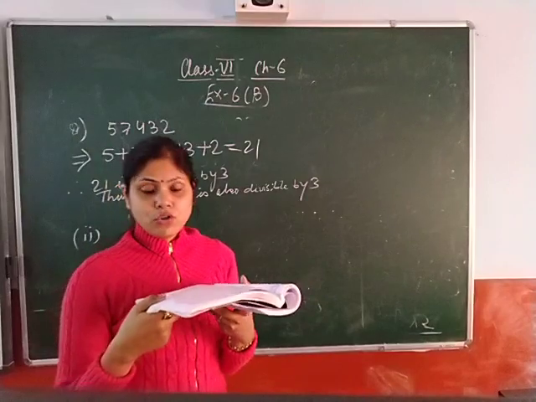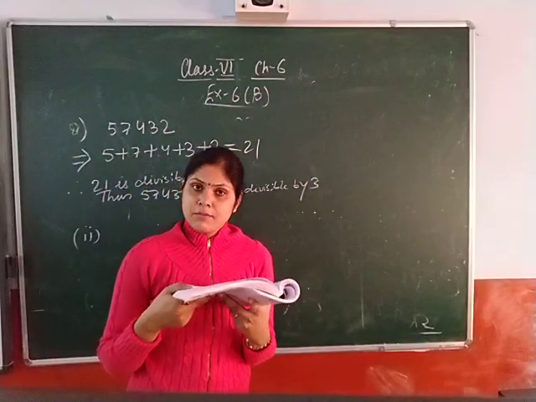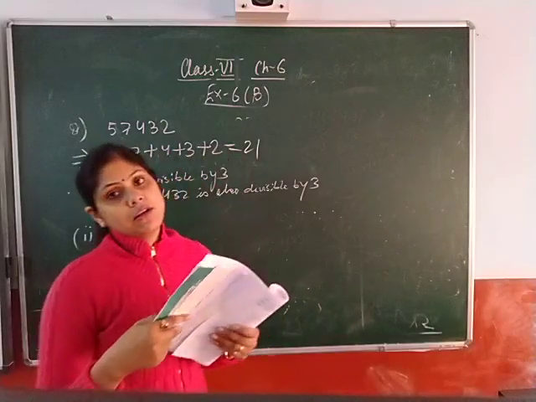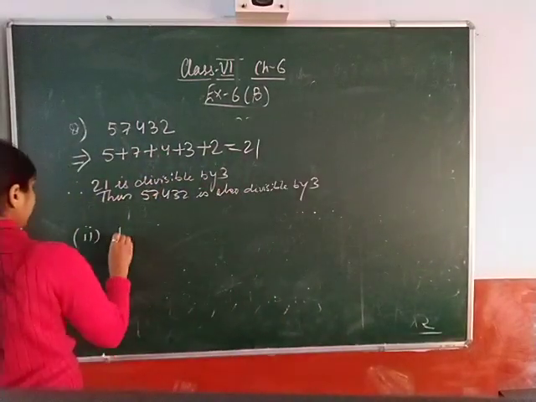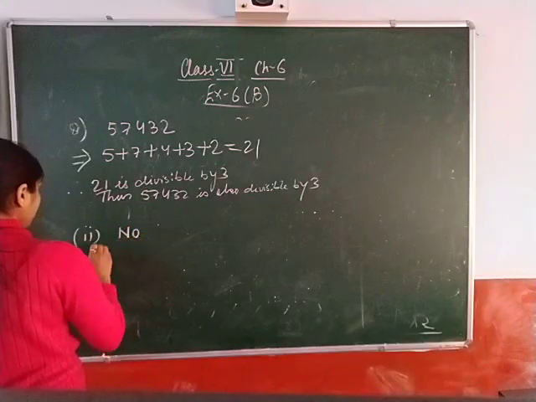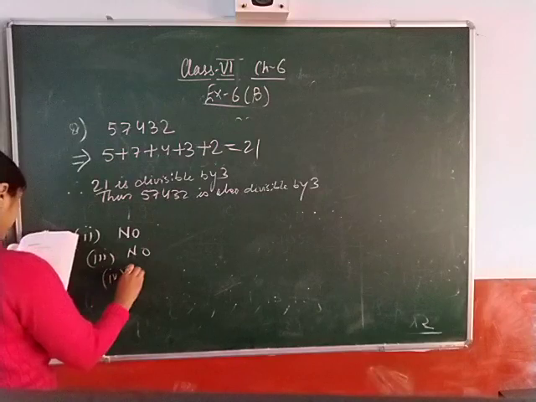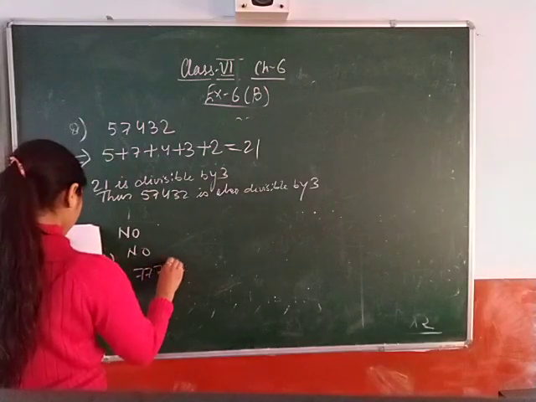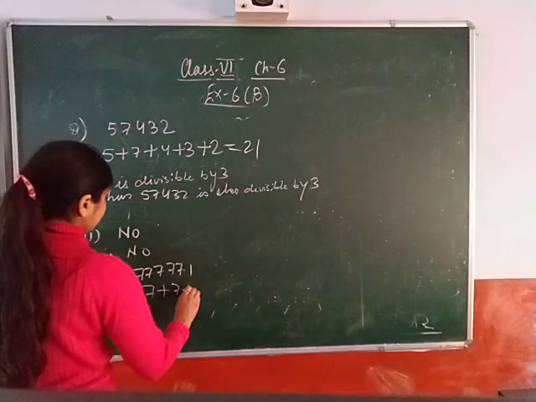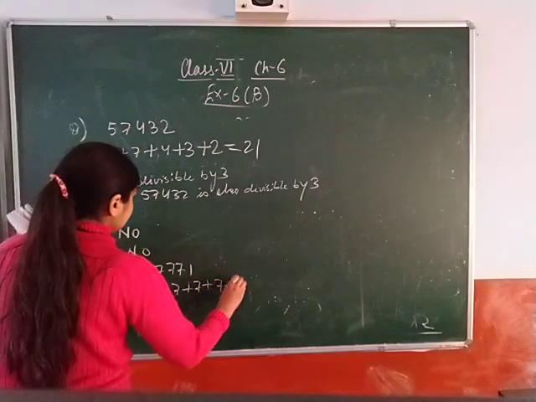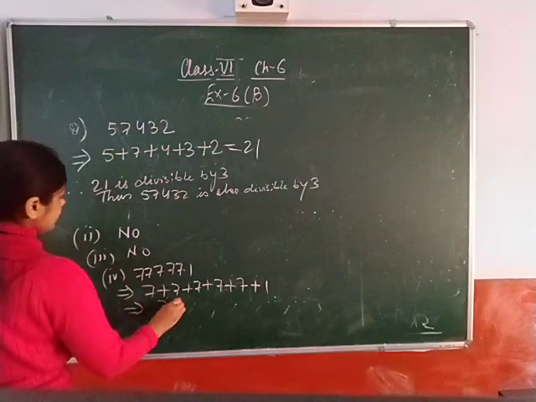Let us check the fourth one. 7 how many times? 5 times. 35. Plus 1, 36. Is 36 divisible by 3? Yes, it is divisible. Second, no. Third, no. And the fourth one: 7 plus 7 plus 7 plus 7 plus 1. What will come? 36.